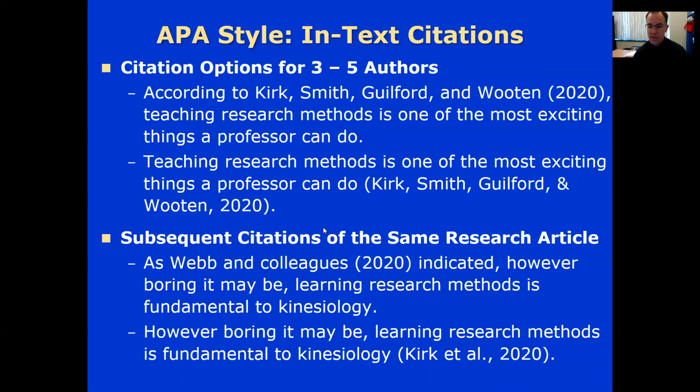However, in subsequent citations, after the first time it's been cited within the text, you can use the word "colleagues" or et al. It's best, if it's within a sentence, to use "and colleagues." However, if it's within parentheses, you would want to use et al.